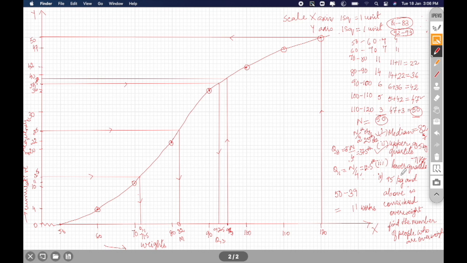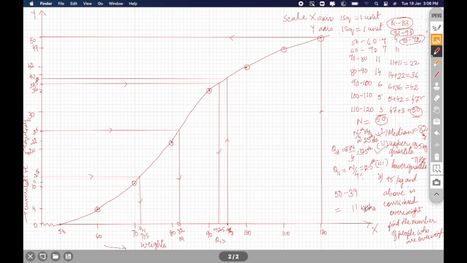Similarly, the lower quartile can be considered correct at 70 to 72 kg. Now for the fourth part, I found 11 workers. Please keep in mind, the number of workers should not be considered in fractions.